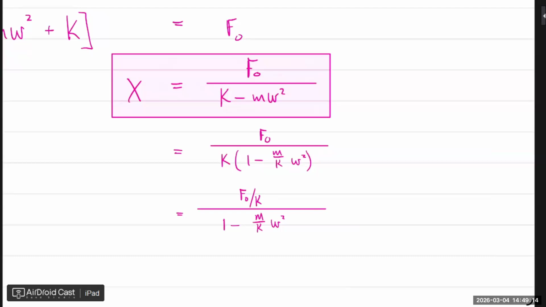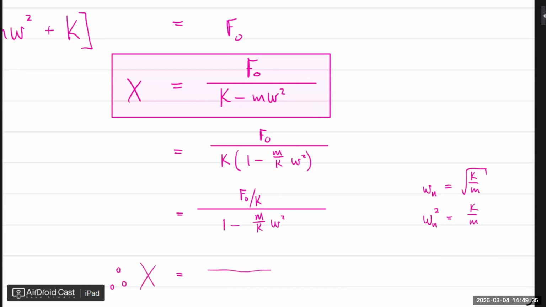But wait a minute, what is the natural frequency? It's the square root of k over m, right? So the natural frequency squared is just k over m.